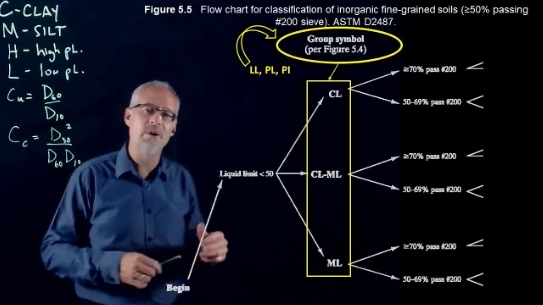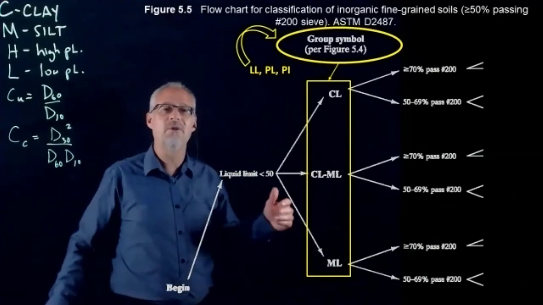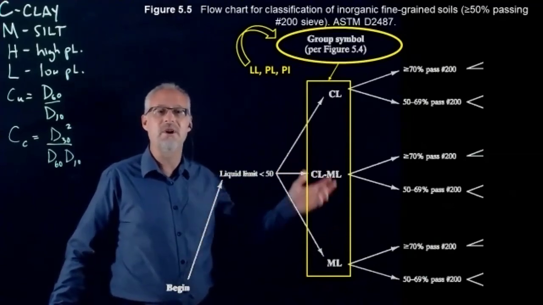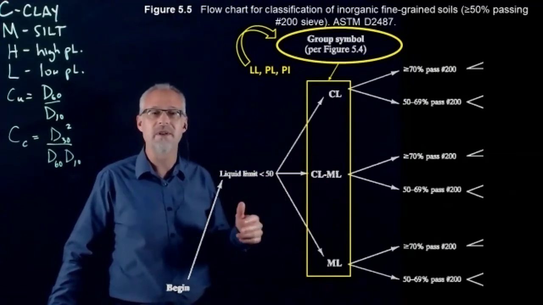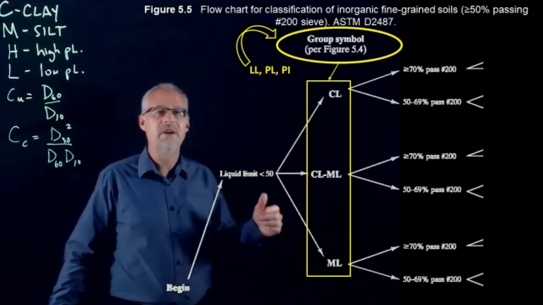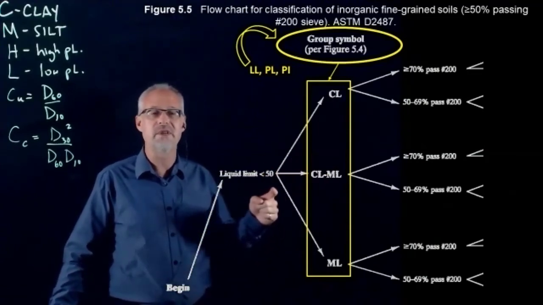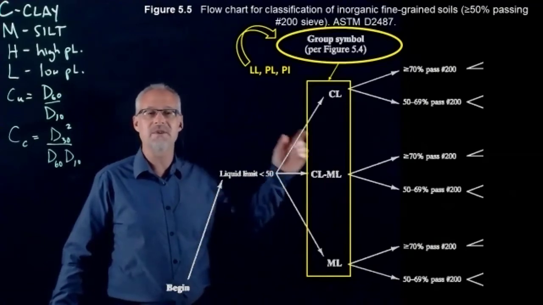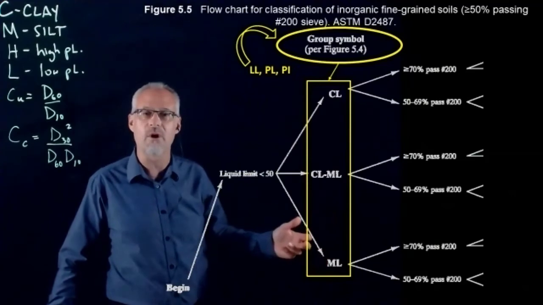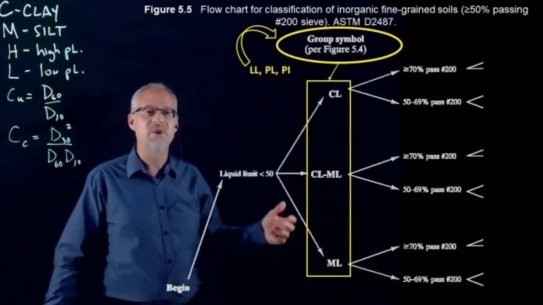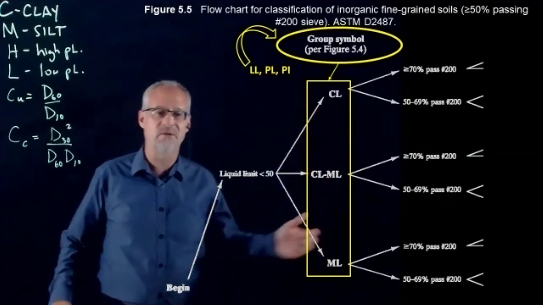And notice that I'm not going to get an H in here anyway because my liquid limit is less than 50. So if I have a liquid limit less than 50 and my soil plots in a quadrant that's not one of these quadrants, then I've done something wrong. Okay. So that's the first step.